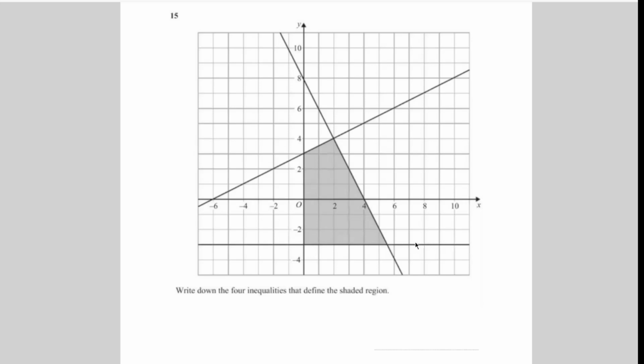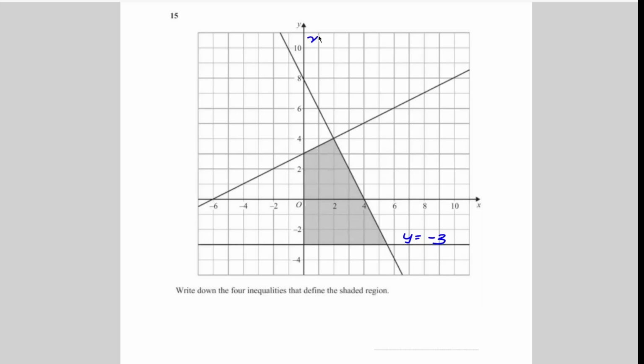Since this line passes through the y-axis, can you see it is just passing through the y-axis? The equation of this line is y equals minus 3. And this line is passing through the x-axis at x equals 0.